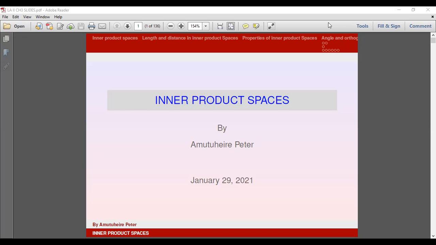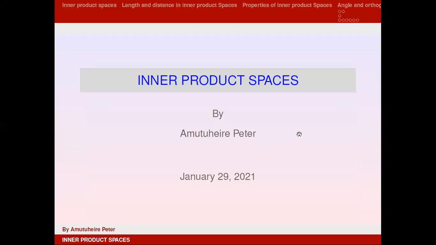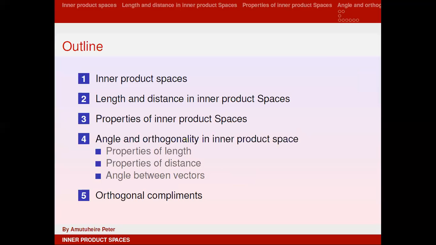In chapter 3, we'll be talking about inner product spaces, and this is going to be our plan. We'll define inner product spaces and give examples. Define the length and distance in inner product spaces.